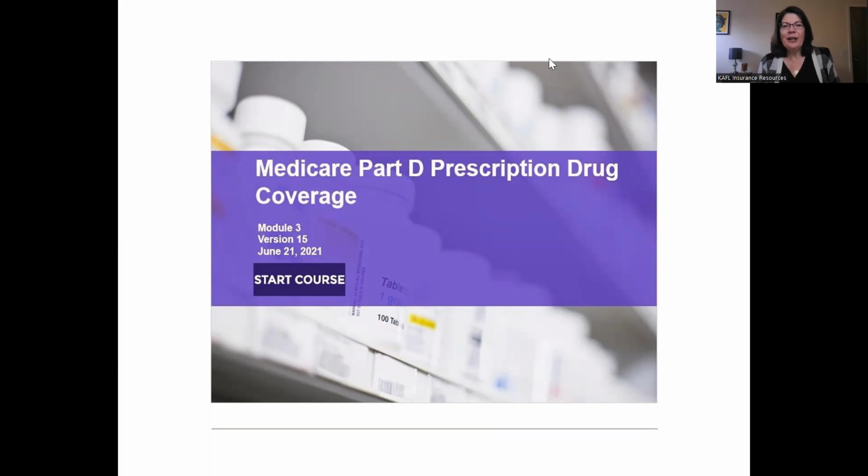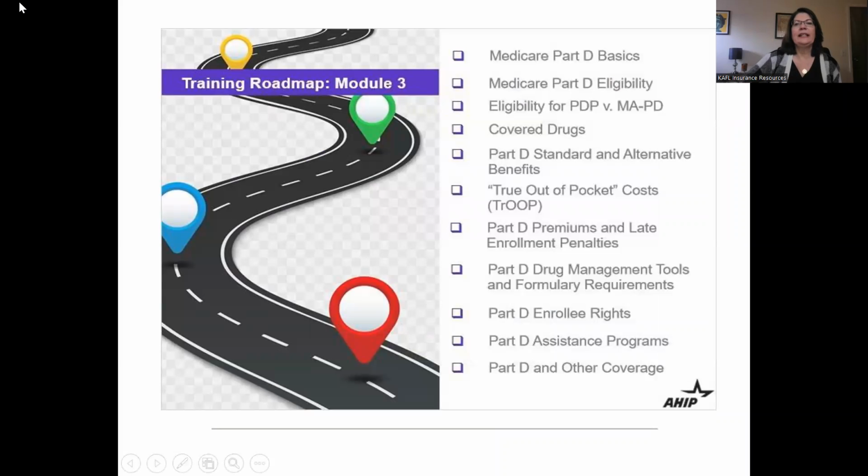Hi, so Module 3, we're going to talk about Part D, prescription drug coverage. It's basically going to be Part D basics, who's eligible, the difference between a standalone drug plan and an MAPD, Medicare Advantage drug plan, what drugs are covered, standard and alternative benefits, TrOOP, which is true out-of-pocket costs.